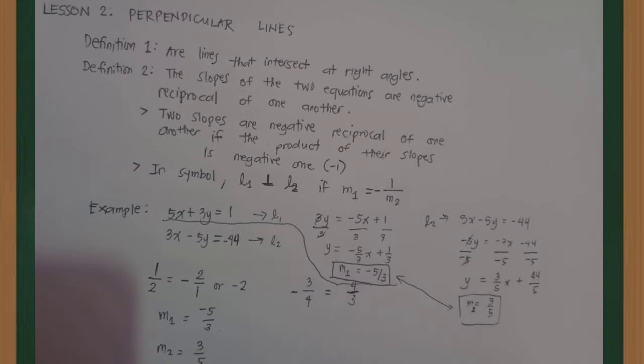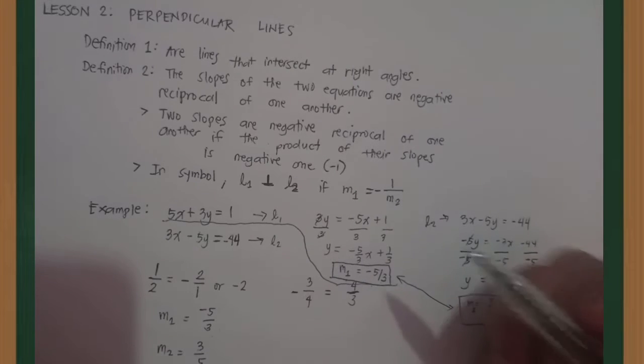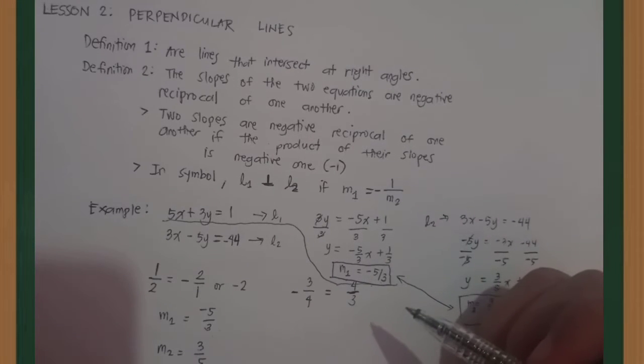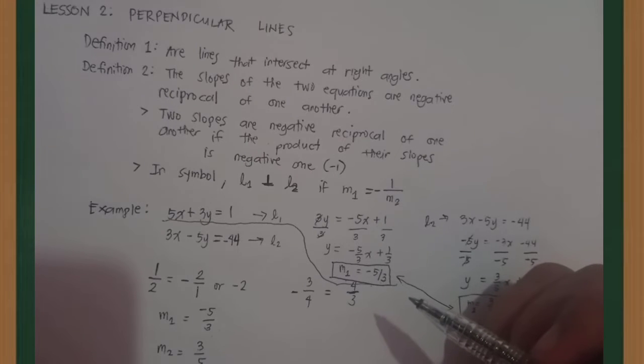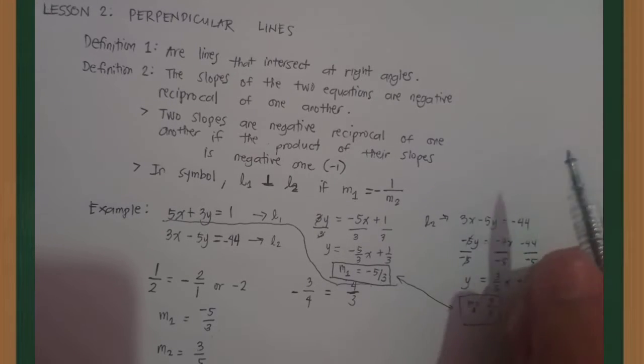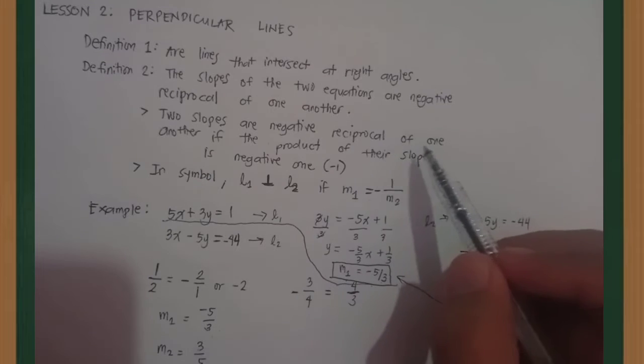Did you get me? That is the meaning of perpendicular lines. Remember, for perpendicular lines, their slopes are negative reciprocal of one another.